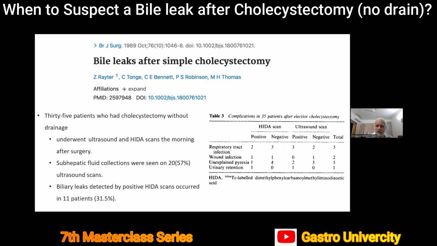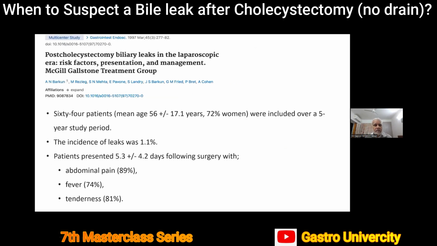So there is no reason why that would have changed. And this is again an old report, which says that the incidence at this time was the same, 1%, and the commonest manifestations were pain, fever, and tenderness.